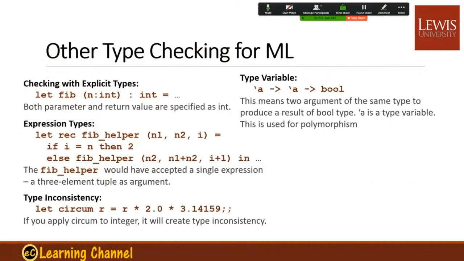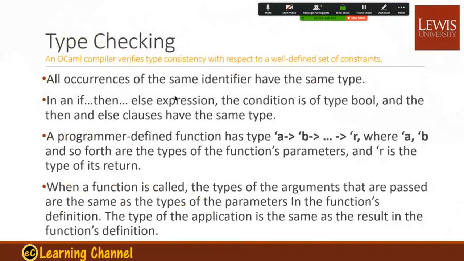Other type checking for ML. Here are several different type checking rules for the ML language. You can check for yourself. All occurrences of the same identifier have the same type. In an if then else expression, the condition is of Boolean type.